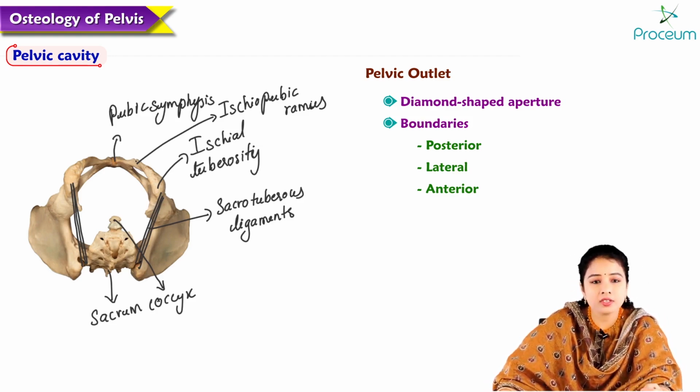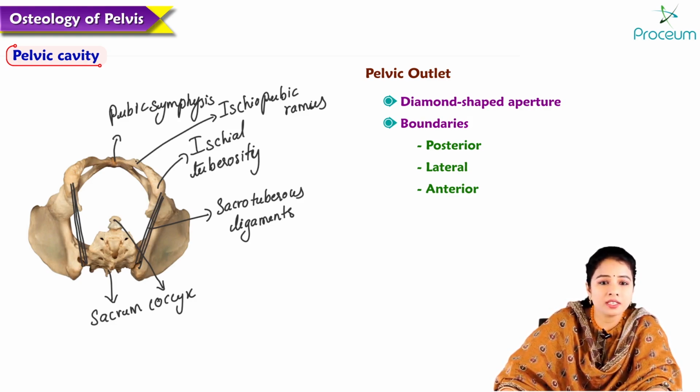So these are the boundaries of the pelvic outlet. So the pelvic outlet is a diamond-shaped aperture bounded posteriorly by sacrum and coccyx, laterally by the ischial tuberosities and sacrotuberous ligaments, and anteriorly by the pubic symphysis, arcuate pubic ligament, and rami of pubis and ischium.